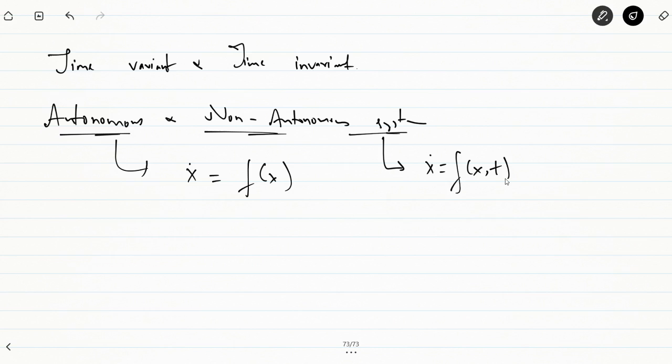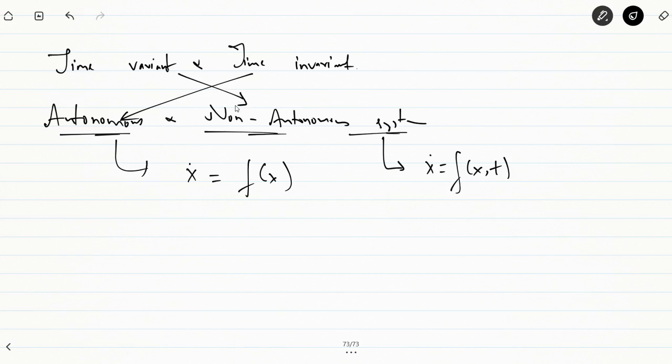Whether the parameters of the system are time dependent or time independent, accordingly you call them autonomous systems or non-autonomous systems. So linear time invariant systems are nothing but autonomous systems, and time variant systems are nothing but non-autonomous systems.